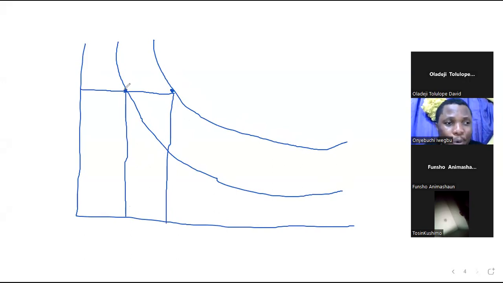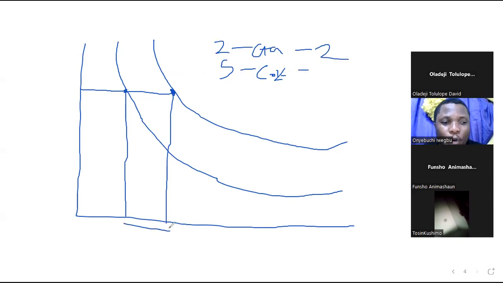That means, let's say, 2 cups of gari is consumed while at this point 5 bottles of Coke are consumed, assuming I have gari and Coke. But at this point now, the same 2 gari is consumed, but a higher level of Coke is consumed, which is 7.